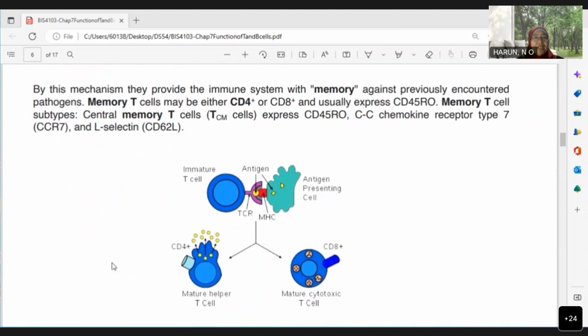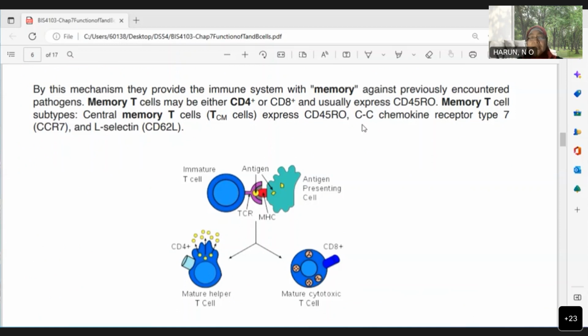Okay, the memory T cells for CD4 plus. They provide the immune system with memory against previously encountered pathogens, where memory cells can be either CD4 plus or CD8 plus, and usually express CD45RO. The memory T cell subtypes, for example central memory T cells, TCM cells, express CD45RO, CC or chemokines.